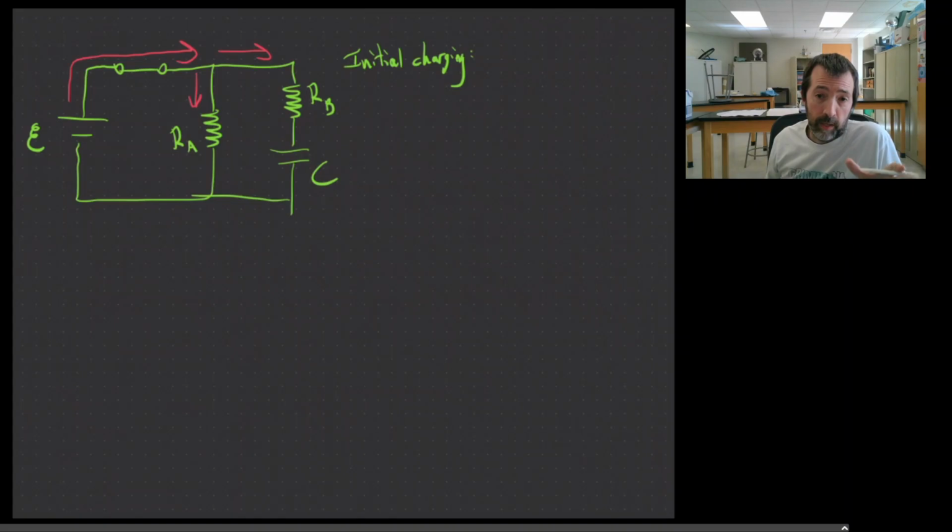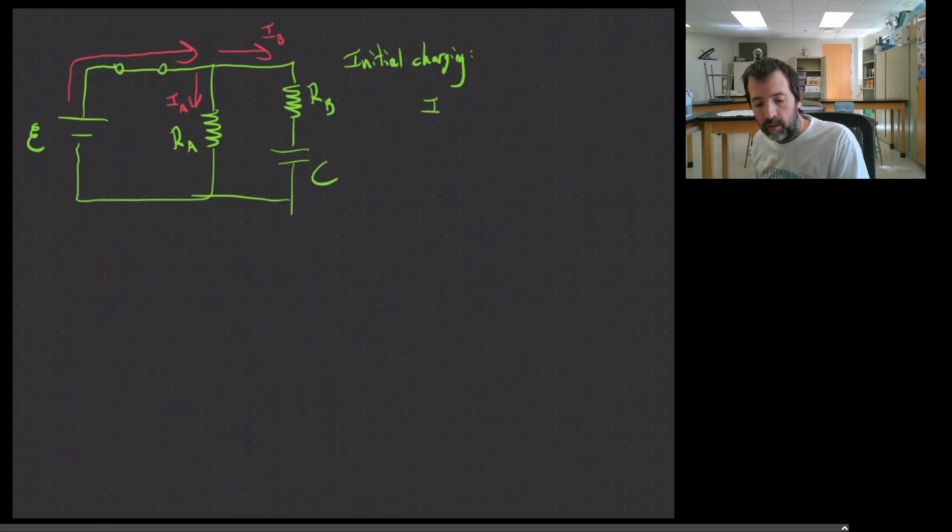You can treat an empty capacitor like a wire. So in the initial state, the current through resistor A, which I will call IA, and the current through resistor B, which I'll call IB, are both easy to calculate. IA is going to be E over RA. IB is going to be E over RB.